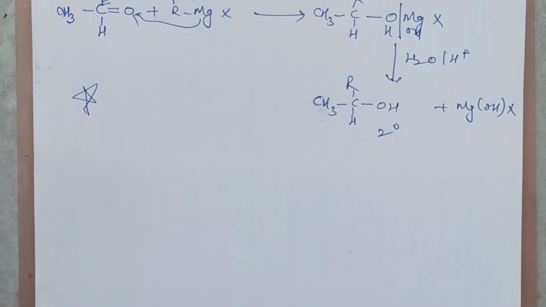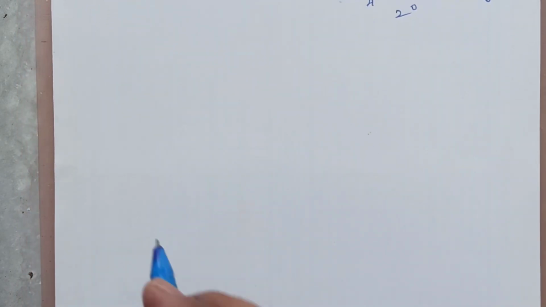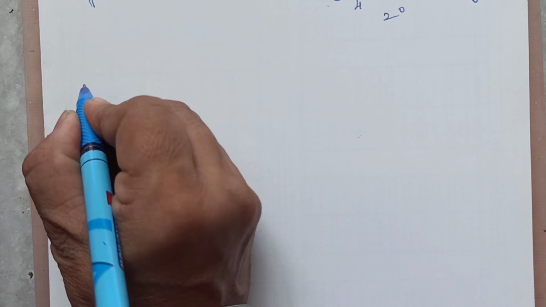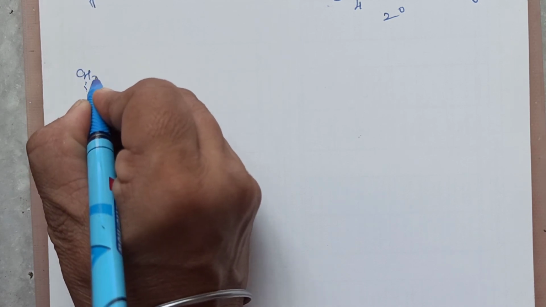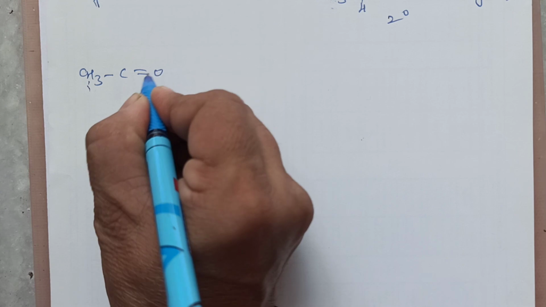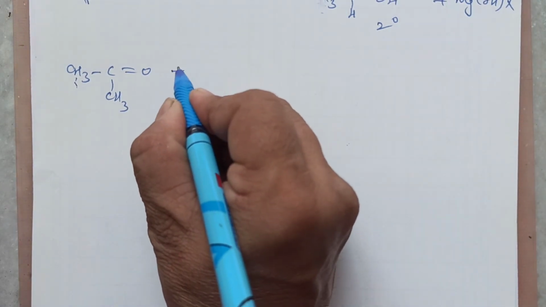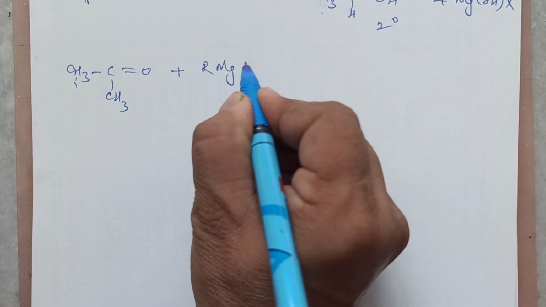Now suppose we want to prepare 3 degree alcohol. Then you will take a ketone. CH3COCH3. I have taken the basic ketone, acetone, plus RMgX.